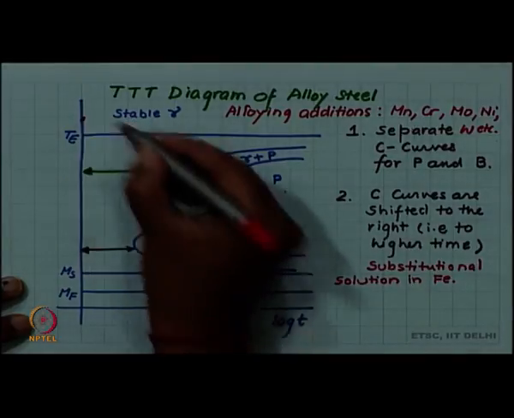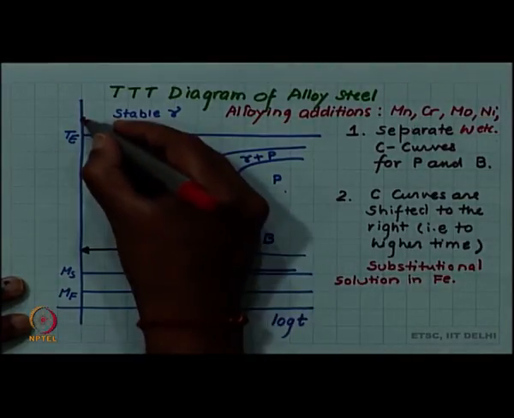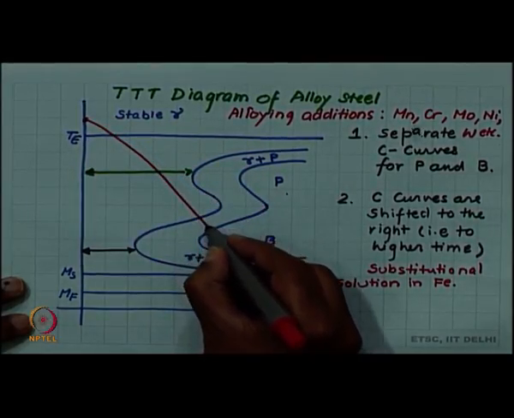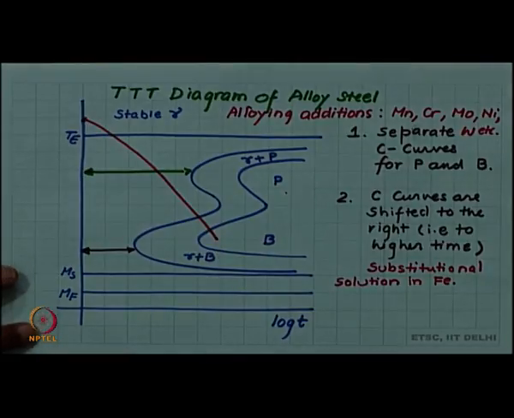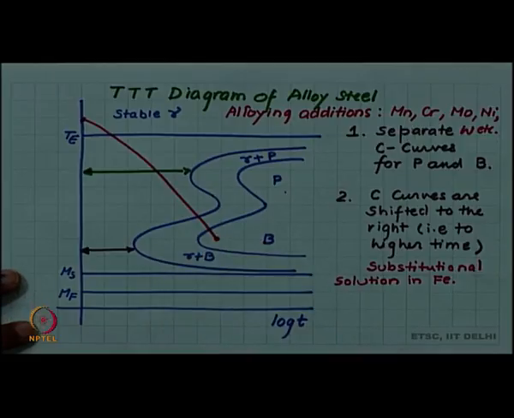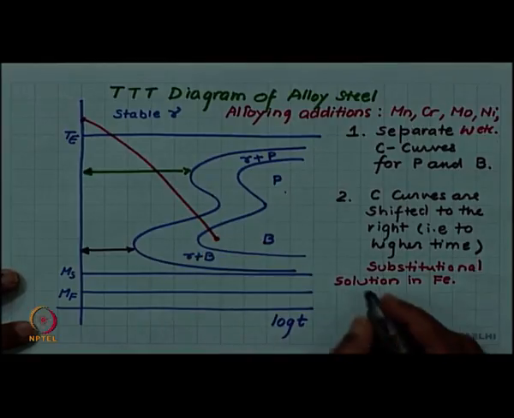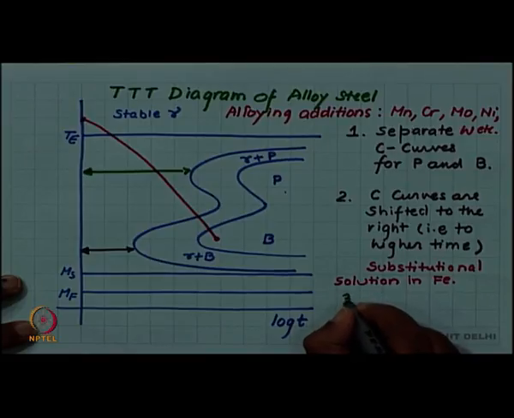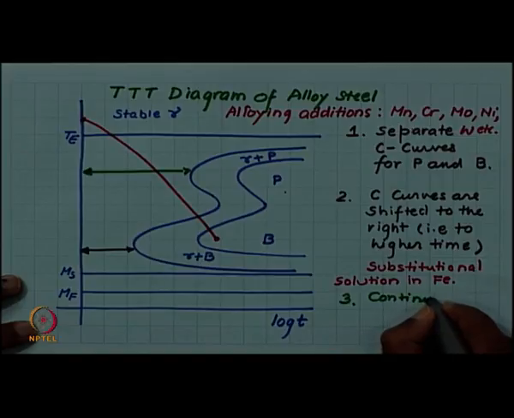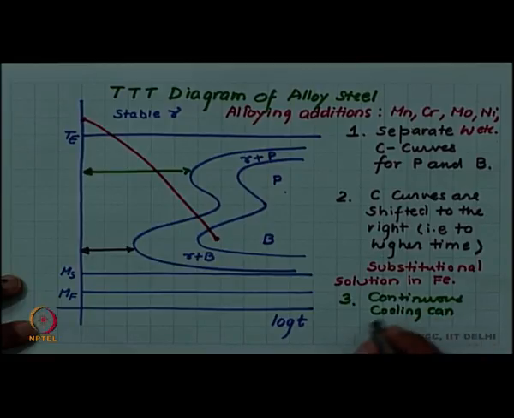If I start with austenite and choose a cooling rate which avoids the pearlite nose but enters the bainite region, by continuous cooling I can produce bainite. So, this is another feature of alloying. This was not possible in plain carbon steel.